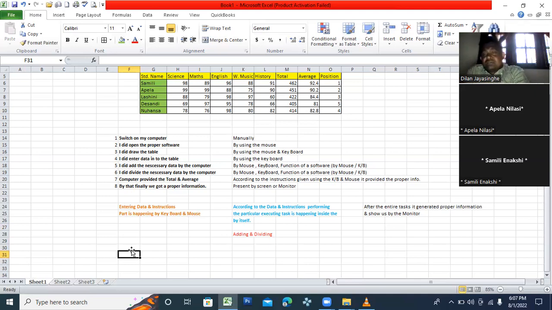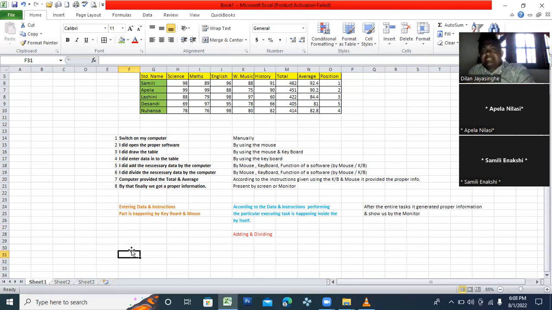Right? Therefore, we can show these processes are major steps in the working process of the computer, right?